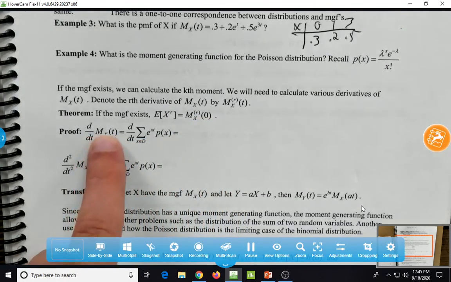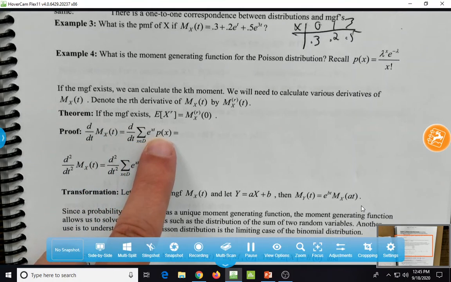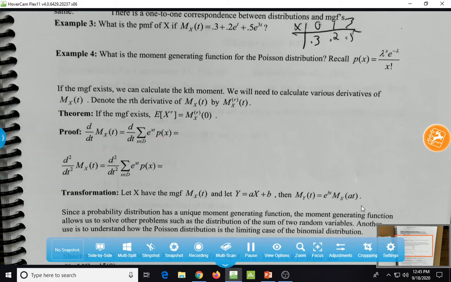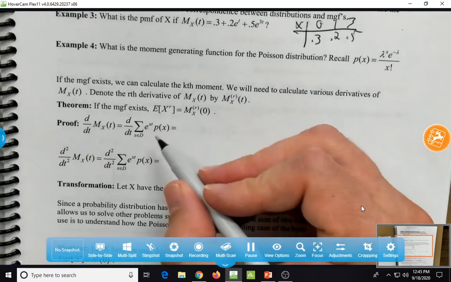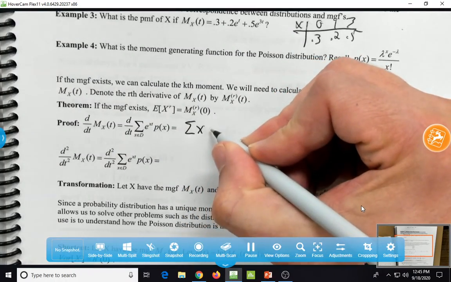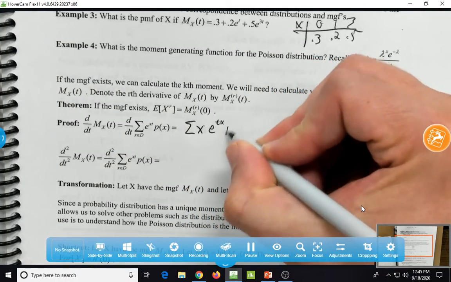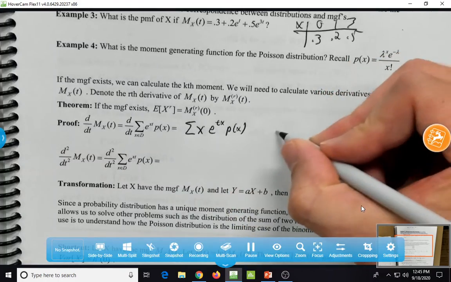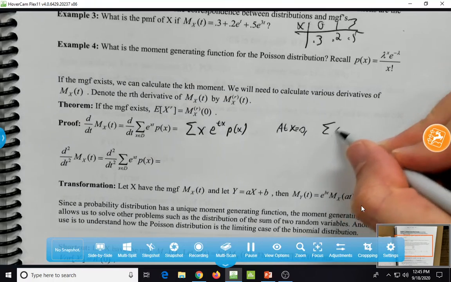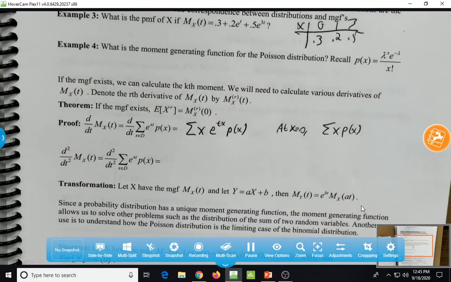So, for example, you take the derivative of the moment generating function with respect to t, and what you end up getting is the summation of x e to the tx p of x. And at t equals 0, this is equal to the summation of x p of x.